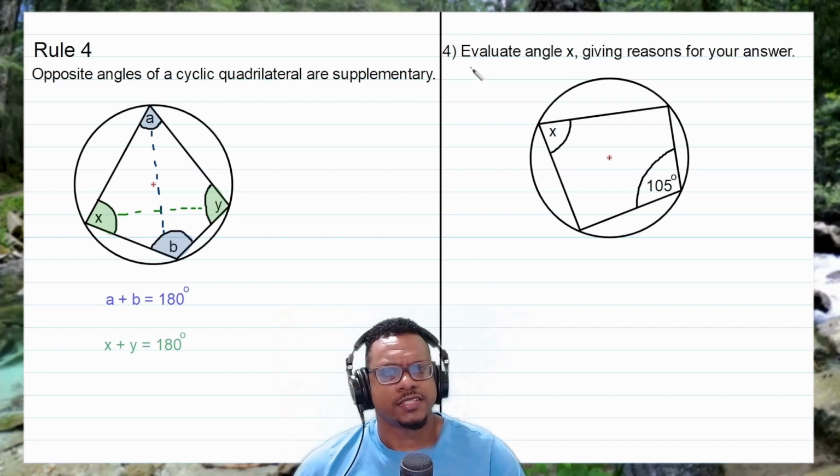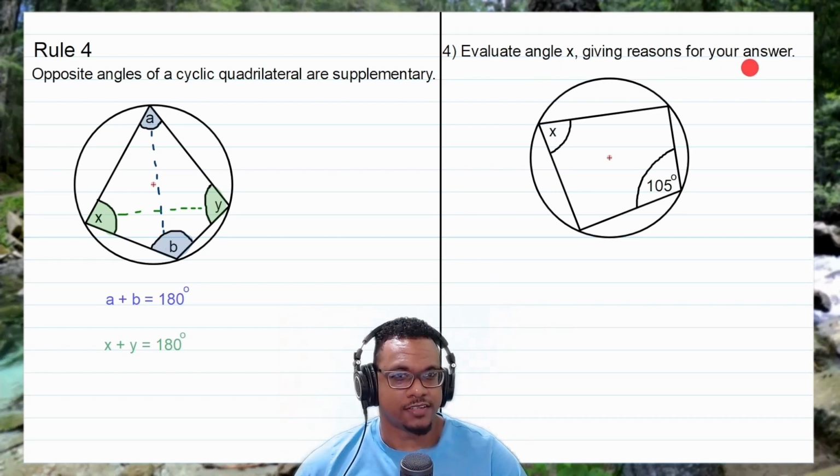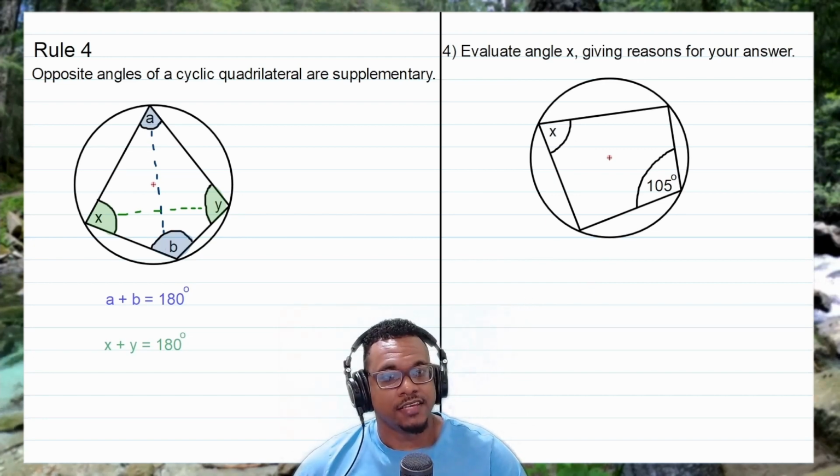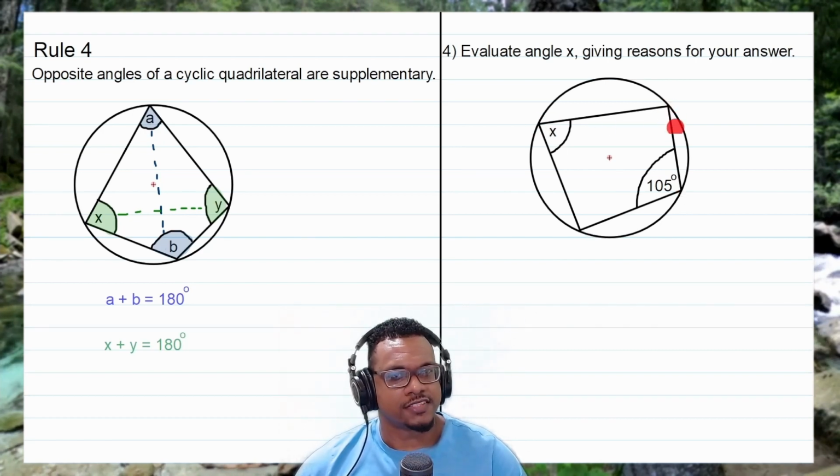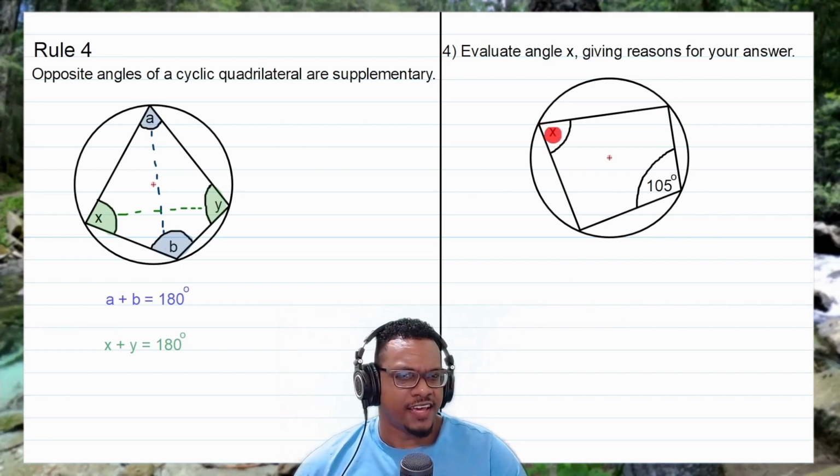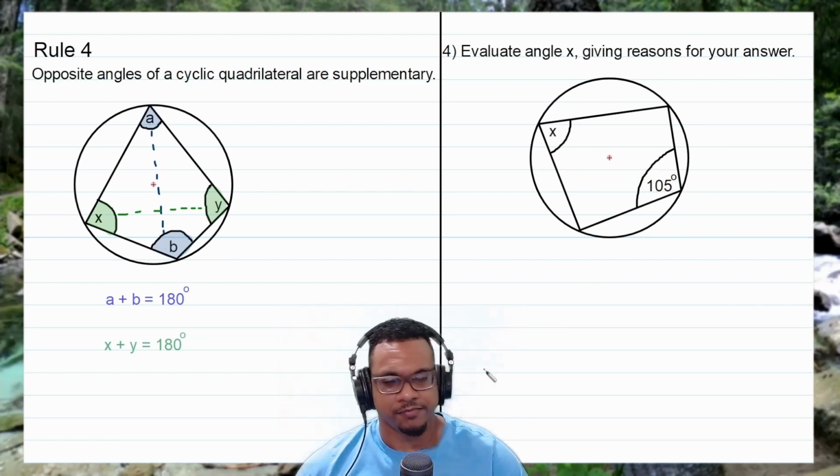So we are given a question to evaluate the angle X, giving reasons for our answer. Now we can clearly see a four-sided shape where the four vertices touch the circumference of a circle. Therefore, this is a cyclic quadrilateral. And the angle X is opposite to this 105 degrees. Therefore, these two angles would be supplementary.